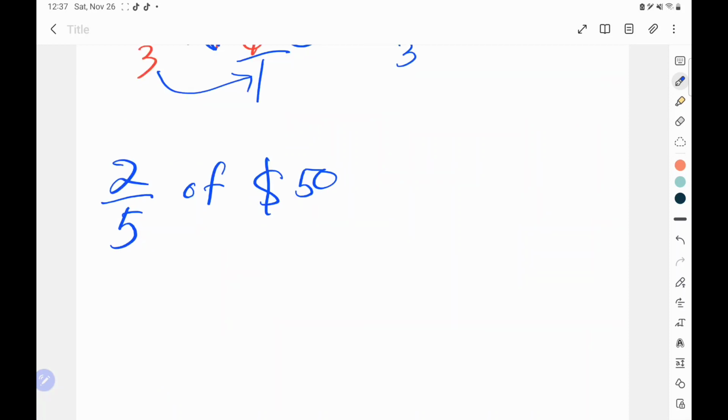Another example. 2/5 of $50 means, so this becomes times. All right, 2/5 of 50 becomes 2 over 5 times 50, and 50 is a whole number, so you have to make it into a fraction. That means over 1. Now multiply. 2 times 50 is equal to 100.